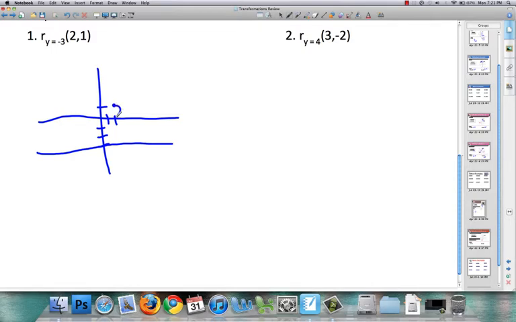So if we count 1, 2, 3, 4, go 4 the other way. 1, 2, 3, 4. That point there is (2, 1, 2, 3, 4, 5, 6, 7), so (2, -7) would be the new point. And again, you can do it for this as well.